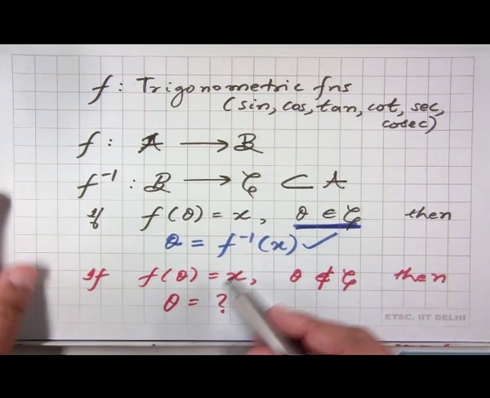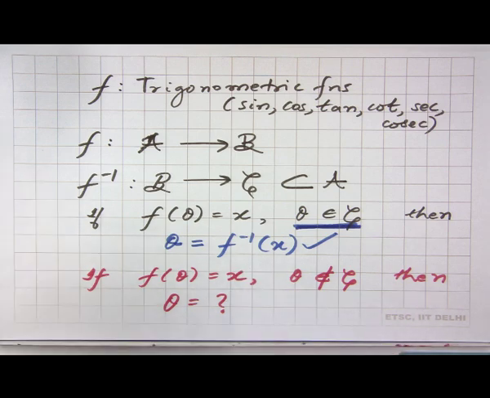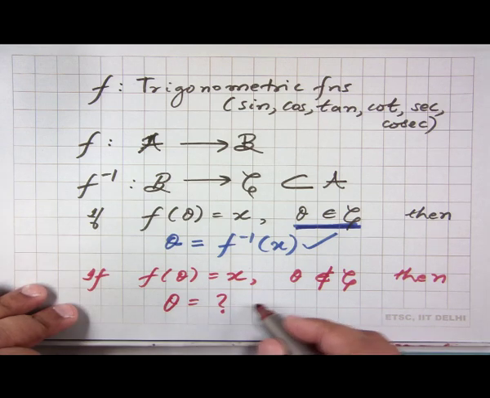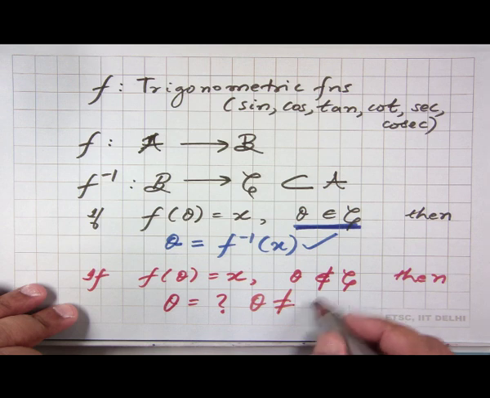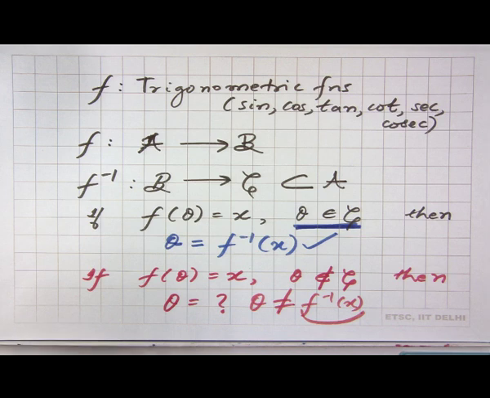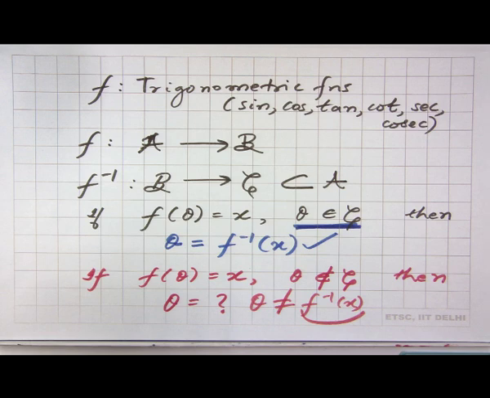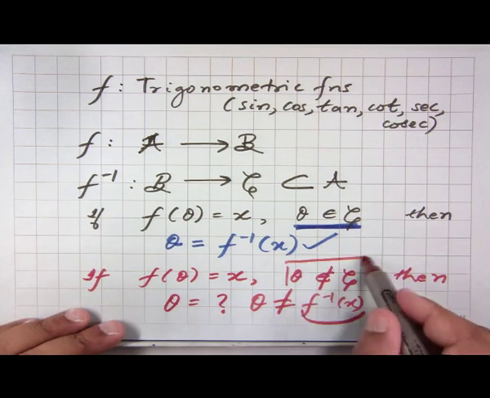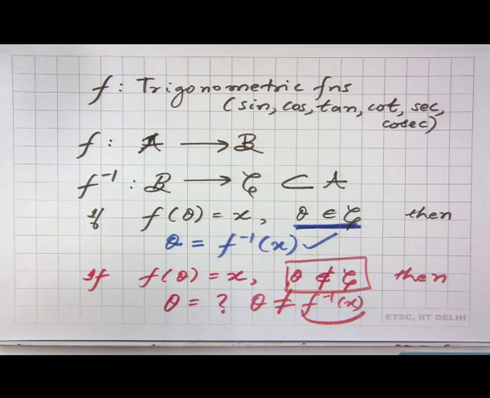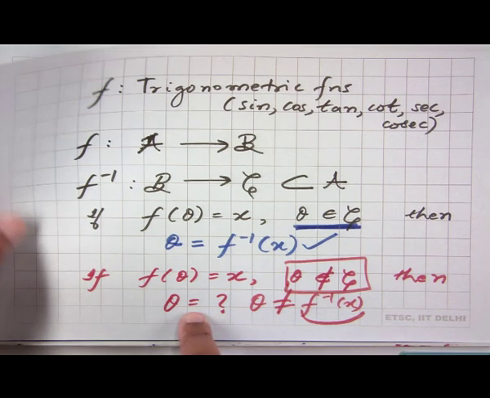Obviously, theta cannot be equal to f inverse of x, because f inverse of x will always belong to the set C, whereas it is clearly mentioned here that theta must not belong to the set C. So, how do we find theta in such a case?